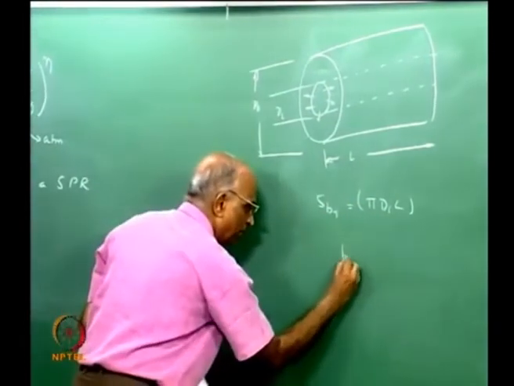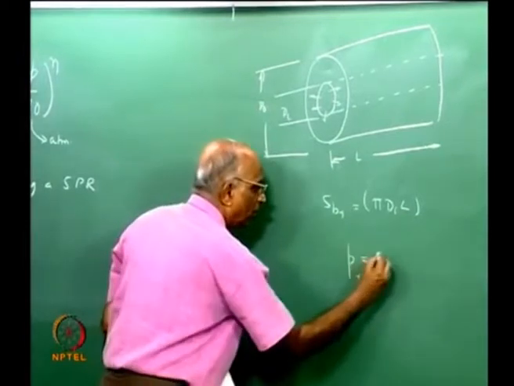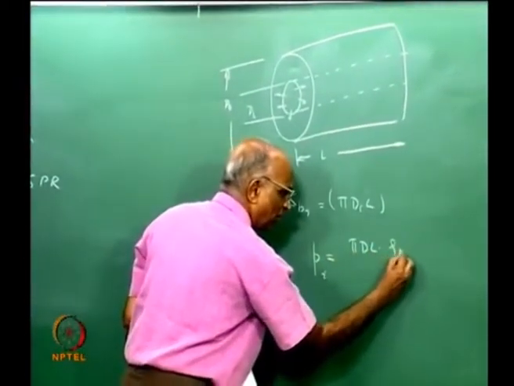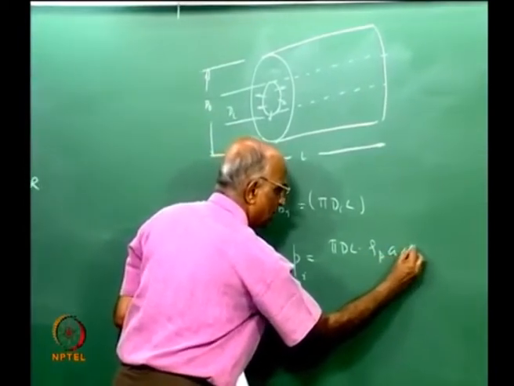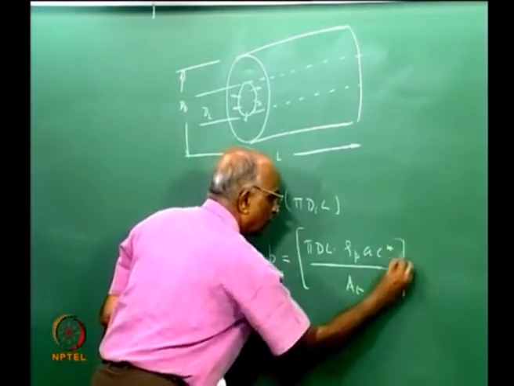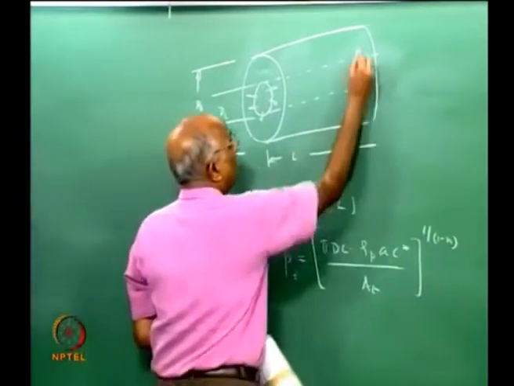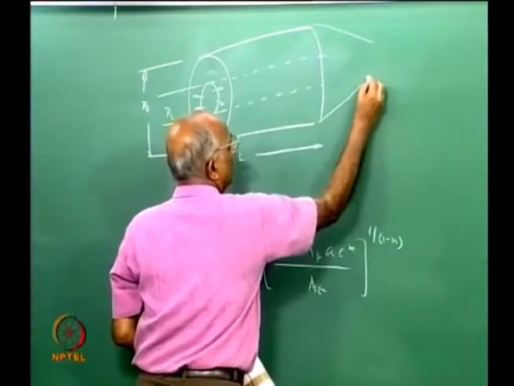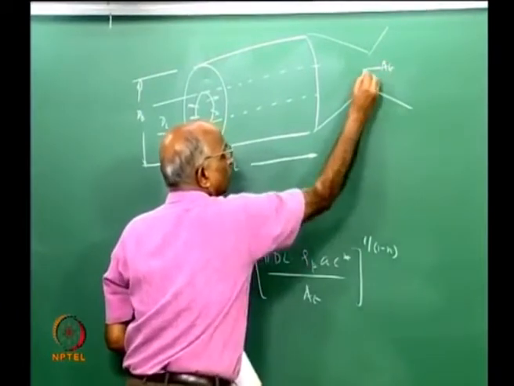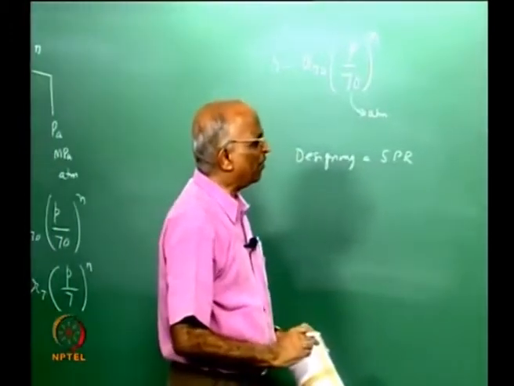Therefore, the pressure equilibrium to begin with, Pi, is equal to pi di L into, again carrying over, Sp A C star divided by At, to the power 1 by 1 minus n. That means I am housing this in a nozzle. The throat area is equal to At over here, right.